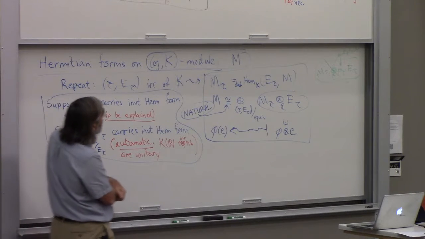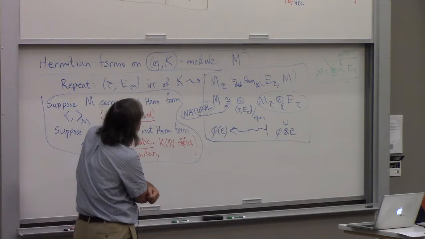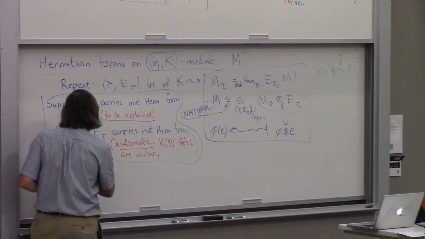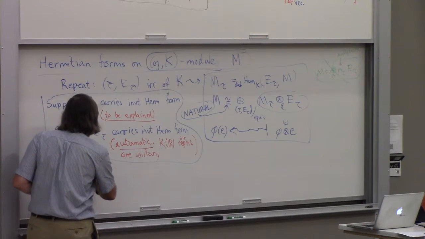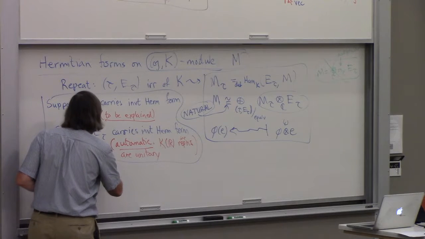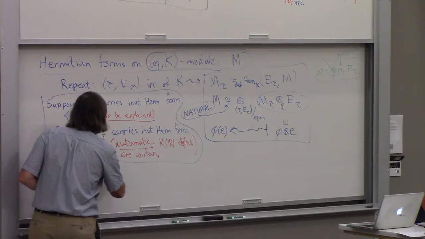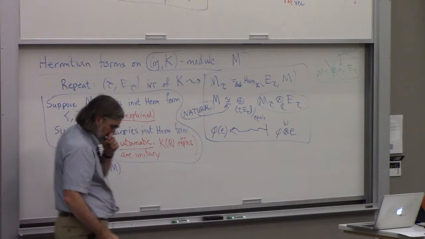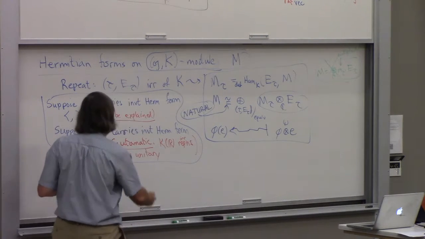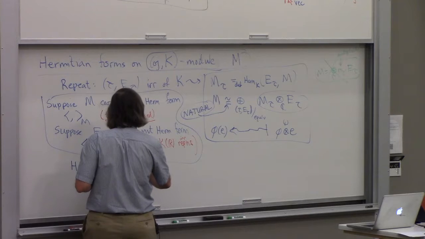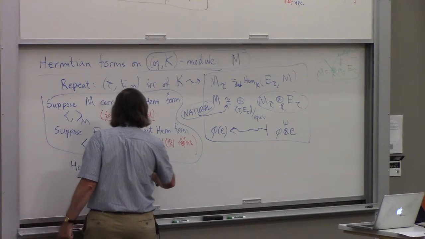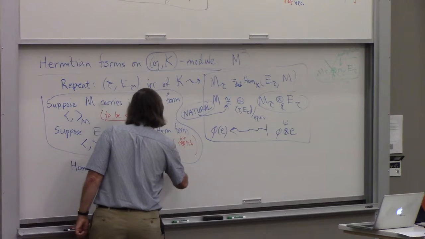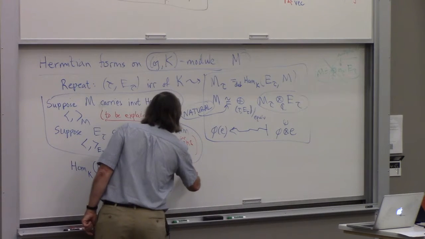Then what happens is this Hom over K of E tau into M inherits a form.